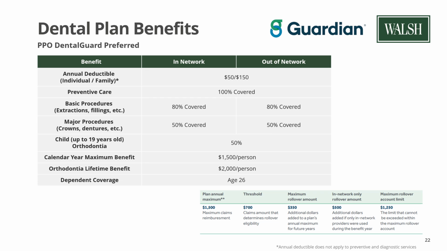So in addition to that 1,500, you can have a rollover. The maximum rollover account limit is $1,250. So you may not have used your dollars year over year, and at maximum, you can have $1,250 roll over into the next plan year, in addition to that calendar year maximum benefit of $1,500.